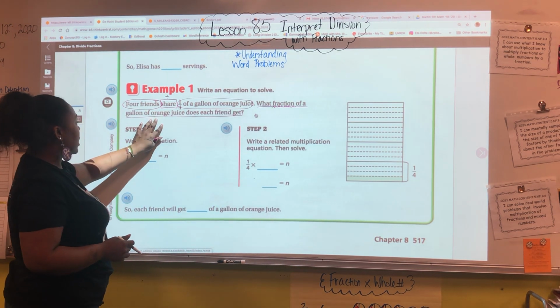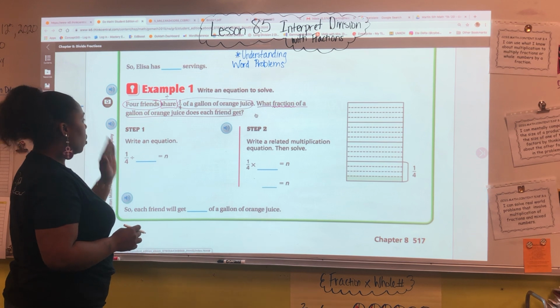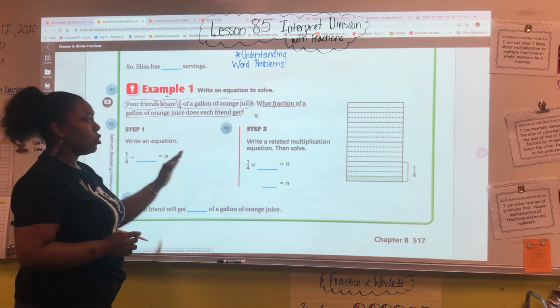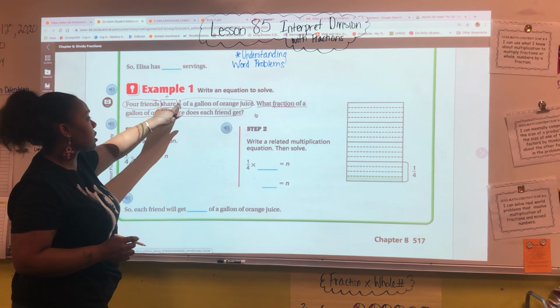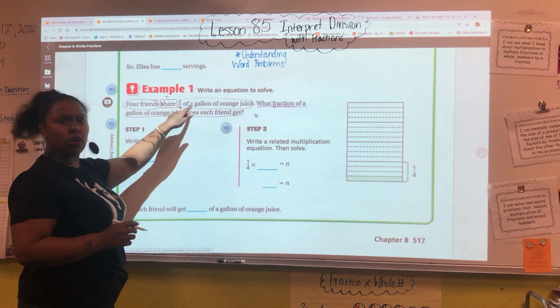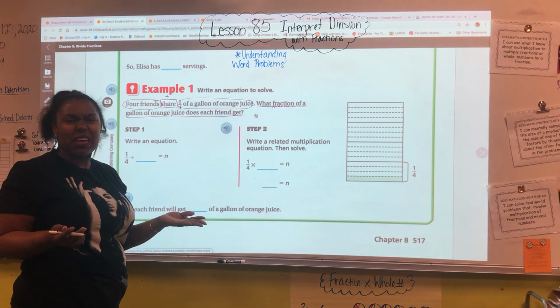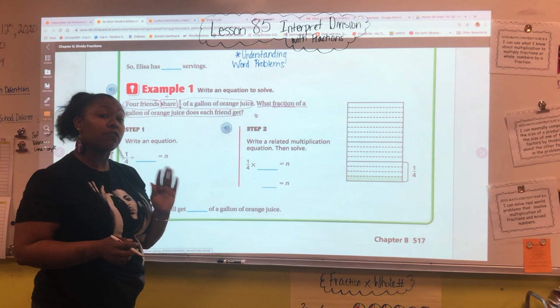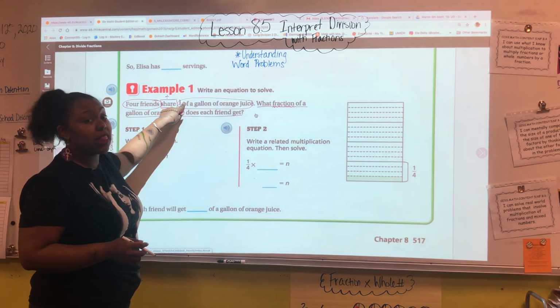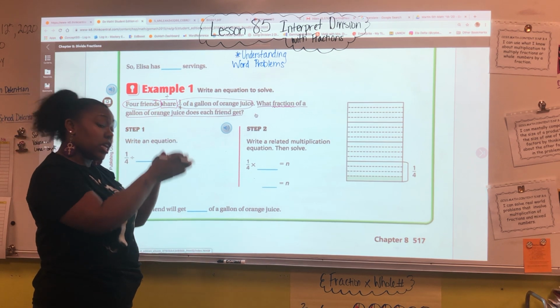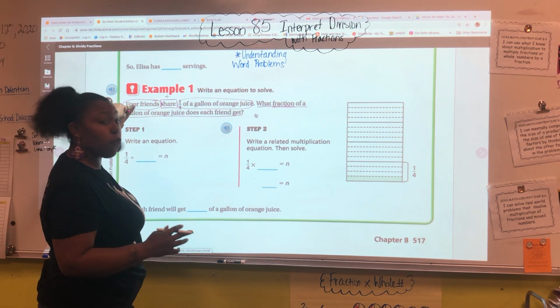And now we need to look at this and say, okay, what do they have? Do we have 4 friends that are going to split into fourths? We're going to divide it into fourths? No, because that doesn't make sense. What we have in the first place is 1/4 of a gallon of juice. And we're going to split that between 4 friends.